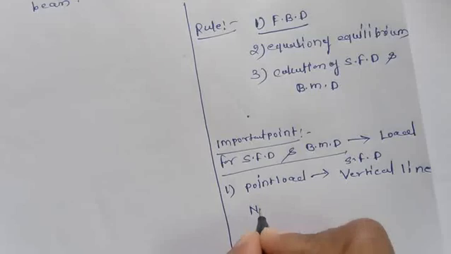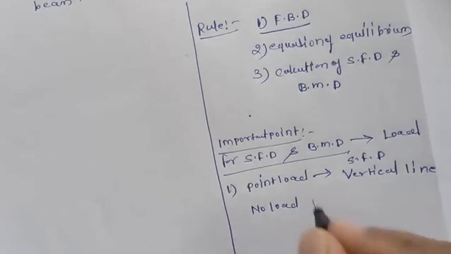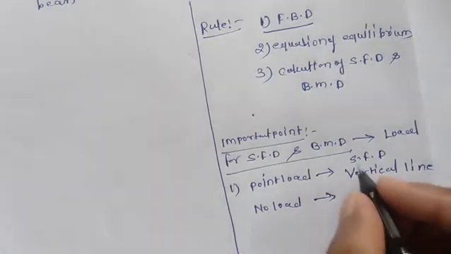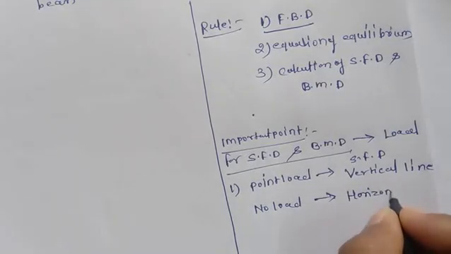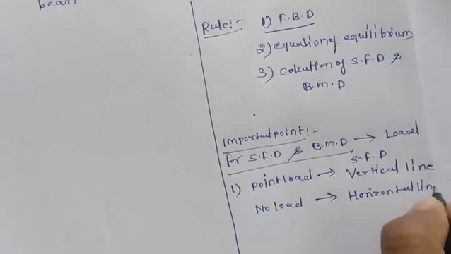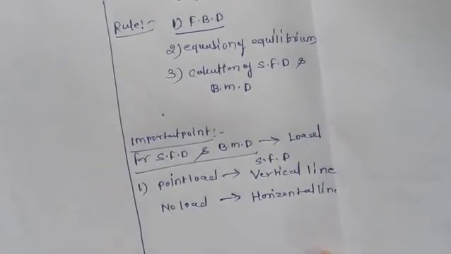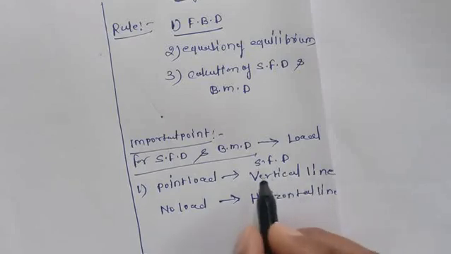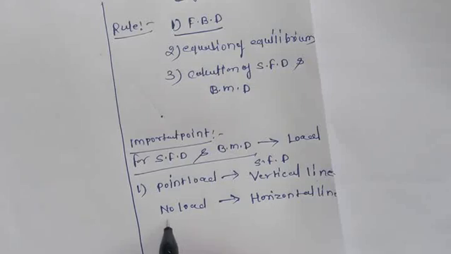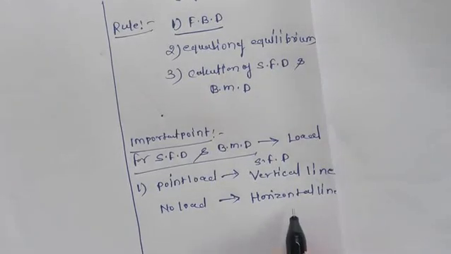If no load is there, then the shear force diagram will be a horizontal line. So if the point load is there, we draw only the vertical line, and if no load is there, we draw a horizontal line.